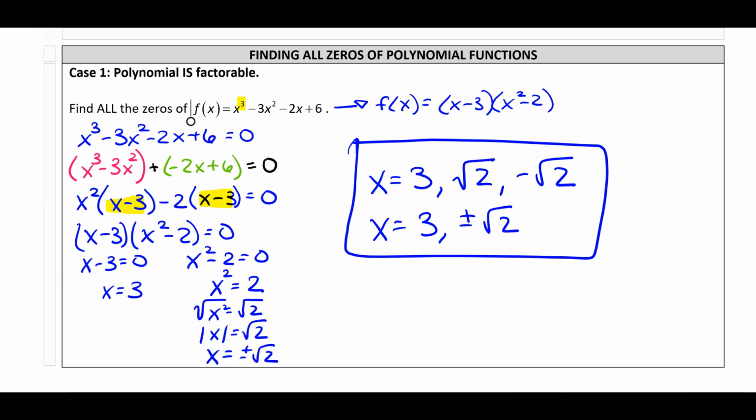This is an exact answer. I want those square roots. So you might want to make a note. The calculator is a really good way to check to make sure your zeros make sense. It would be a good way to check if your zeros are rational, but if they're irrational, you've got to do the work. Now what happens if the polynomial is not factorable?